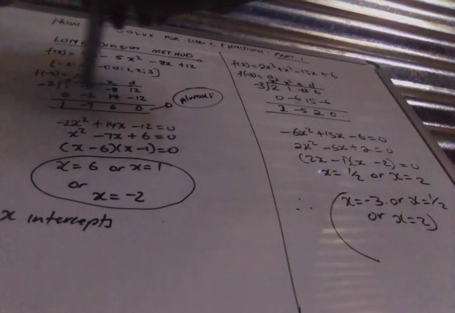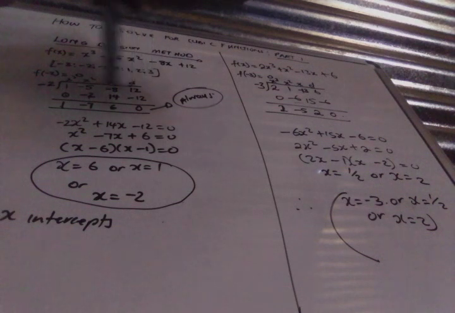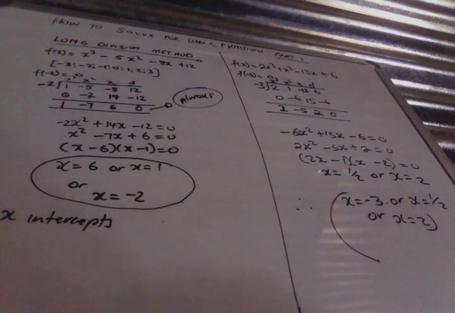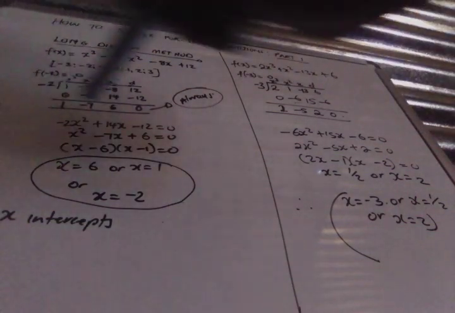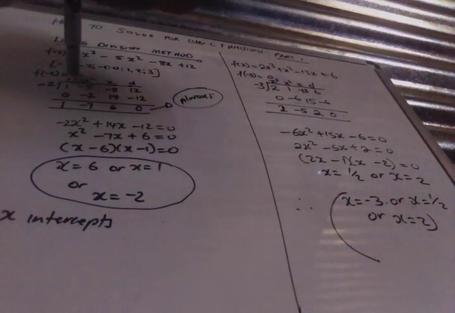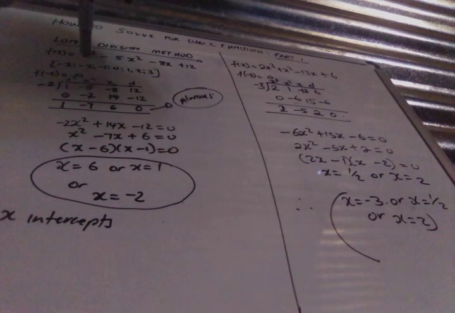So I'll just draw a long division table, kind of. This is that, and I'll put the -2 outside. Now what do I put into the long division table? In the first part I put the coefficient of x cubed, which is 1.